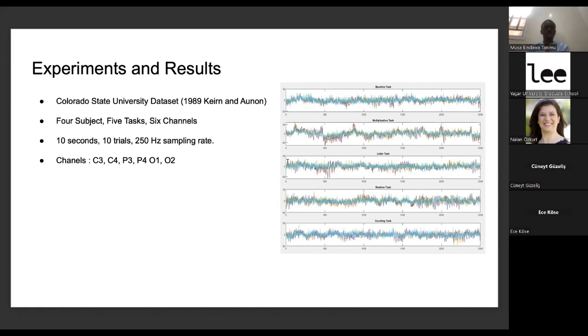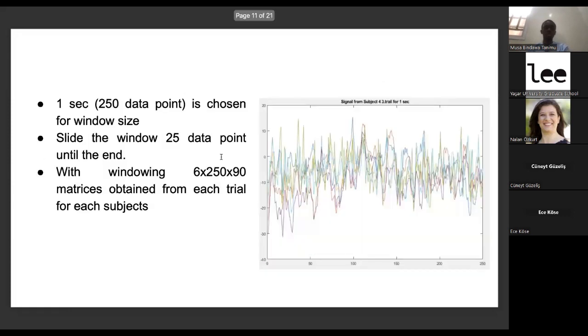The data is 10 seconds of data, 10 trials each, at the 250 Hz sampling rate. The data was collected from 6 channels, the C3, C4, P3, P4, O1, and O2 channels. We decided to do some windowing to expand our data.